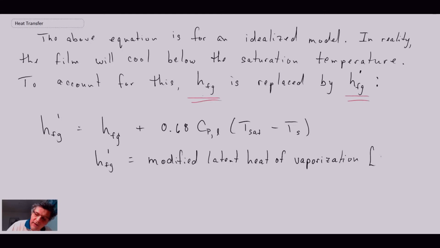Again, be careful, it needs to be in joules per kilogram. Quite often the tables will list it in kilojoules per kilogram, so you have to multiply it by 1,000 when you pull it out of the table. The same applies for the specific heat of the liquid, which you would also get out of the tables, but watch, it is quite often listed as kilojoules per kilogram Kelvin.